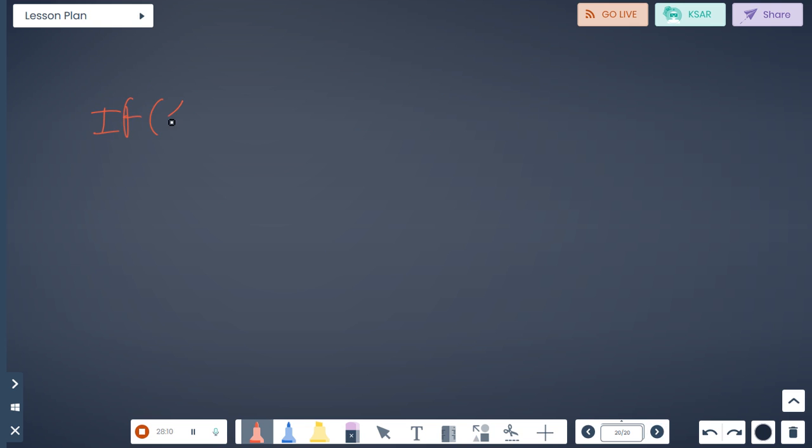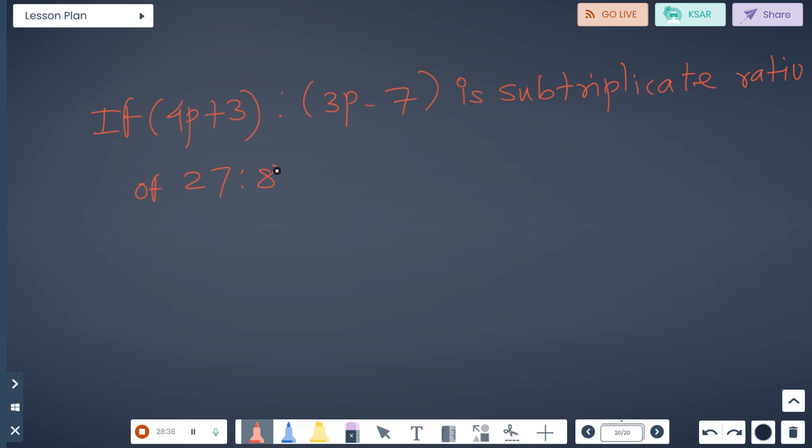If 4p plus 3 is to 3p minus 7 is the sub-triplicate ratio of 27 is to 8, find the value of small p.